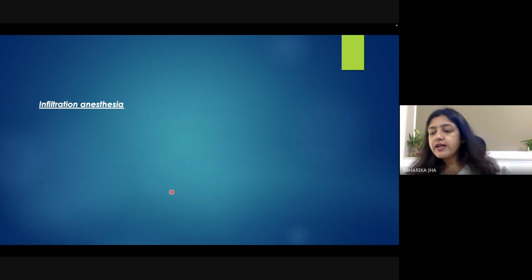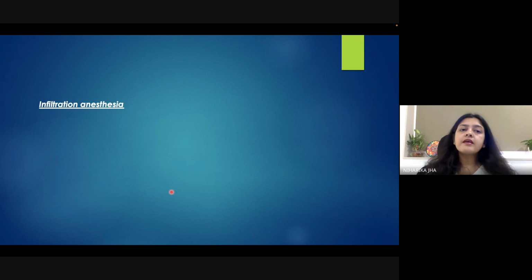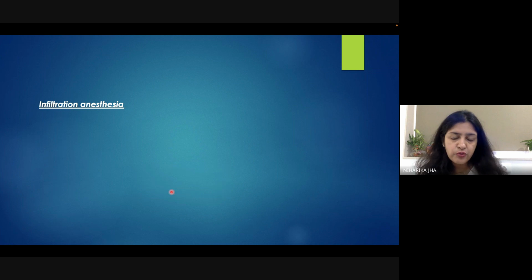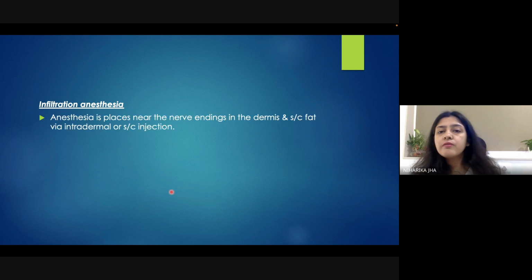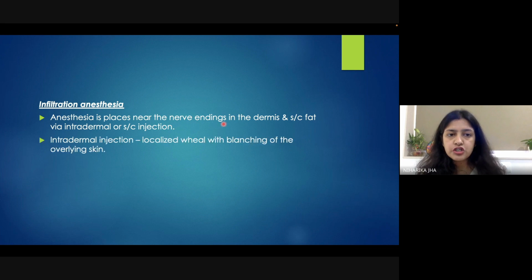Infiltration anesthesia. What is infiltration anesthesia? Basically, infiltration means we are infiltrating the area where we need to operate with local anesthesia. This is the most common type of injecting technique that we use. It can be given in an intradermal or subcutaneous form. So anesthesia is placed near the nerve endings by giving an intradermal or subcutaneous injection.